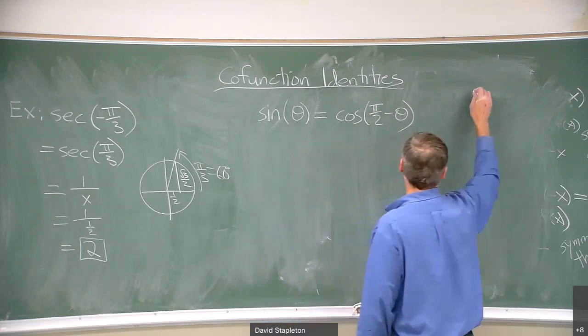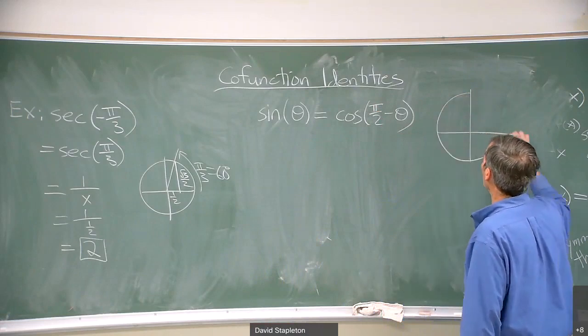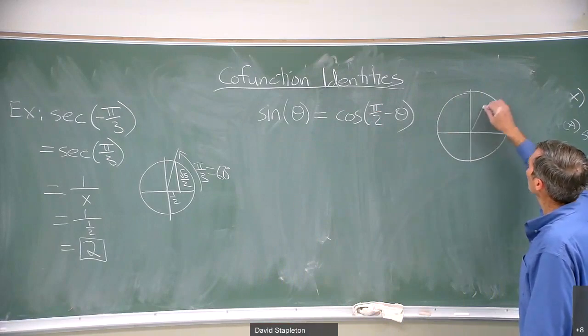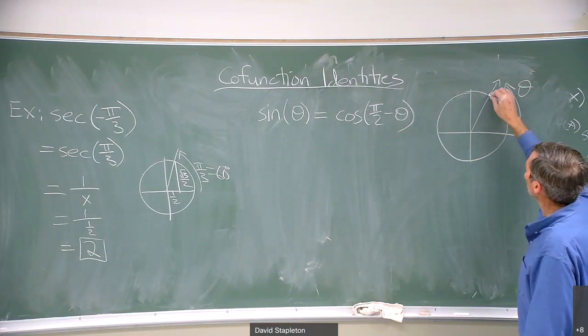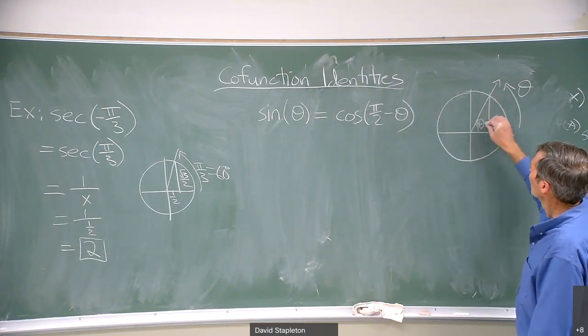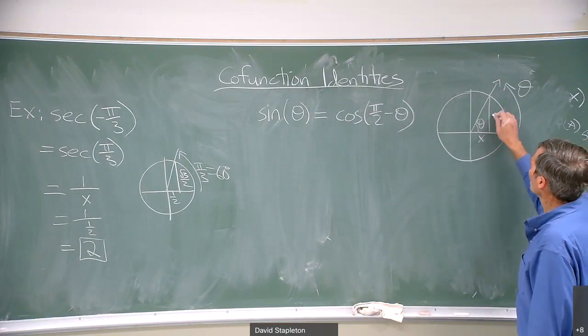This is most easily seen in the first quadrant. Or even better, I like it with triangles that we're about to do. But if I take this angle theta and I drop the perpendicular, we'll just do this in the first quadrant here. Then this is x and this is y.